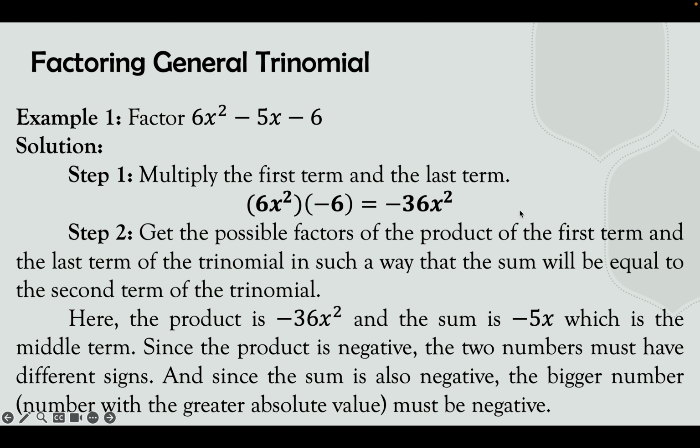So the two numbers have different signs, positive and negative, and since the sum of the middle term is negative, the one greater in absolute value is negative. So we must have a greater negative value in factoring.